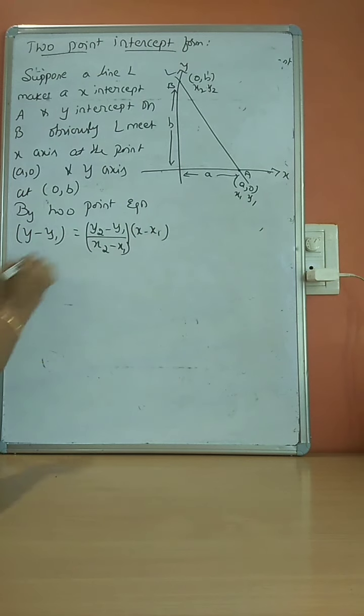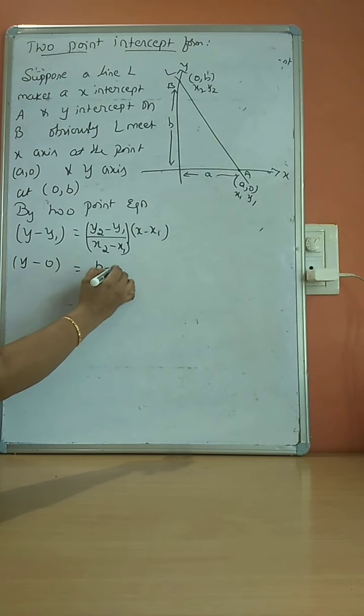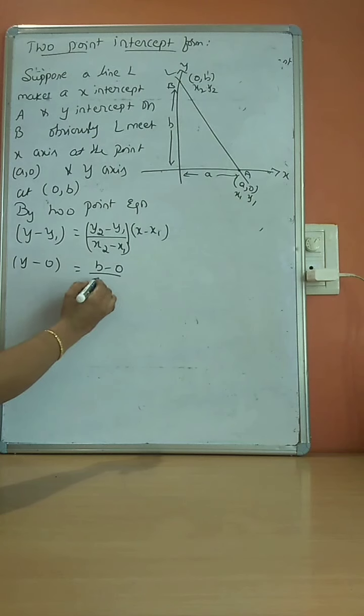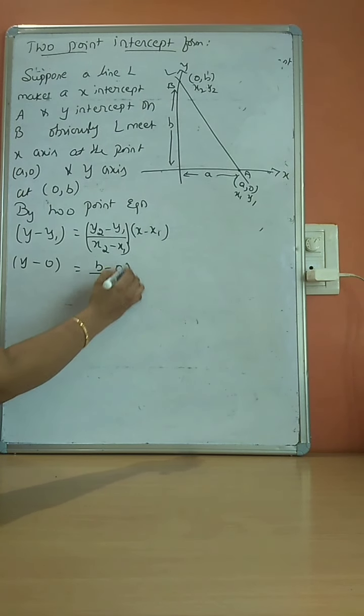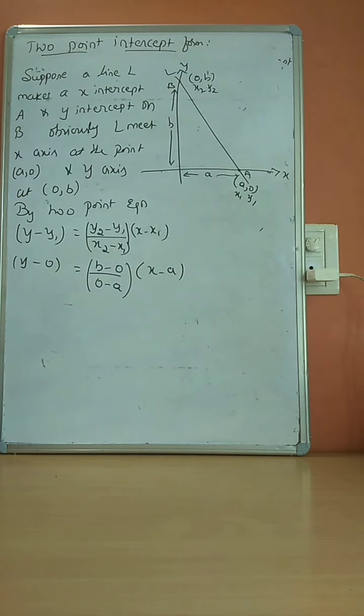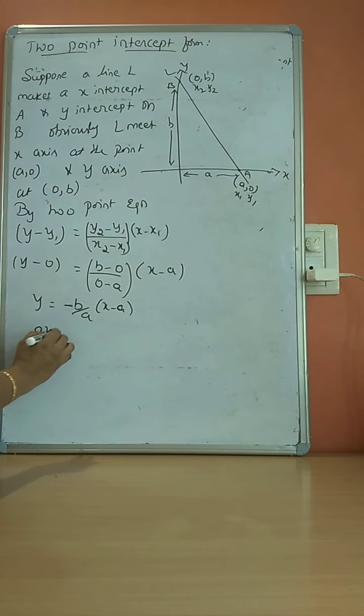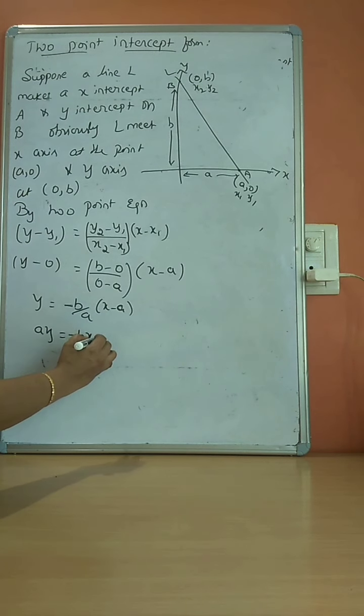Substituting here, we get y minus 0, since the value of y1 is 0, equals b minus 0 divided by 0 minus a, into x minus a. Therefore y is equal to minus b by a into x minus a. Taking the cross multiplication, ay is equal to minus bx plus ab.